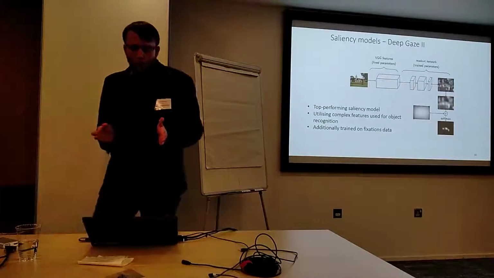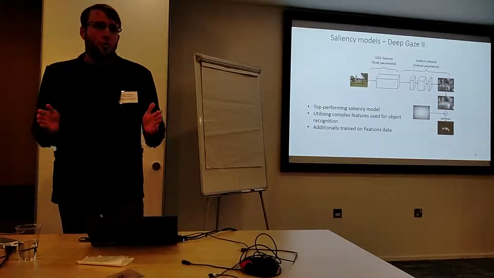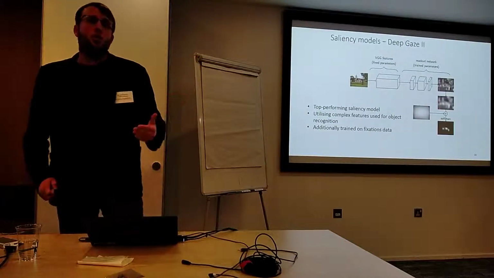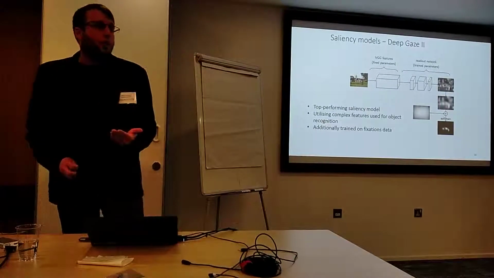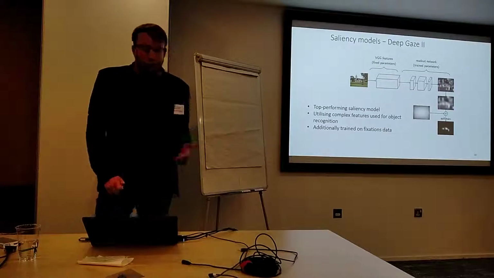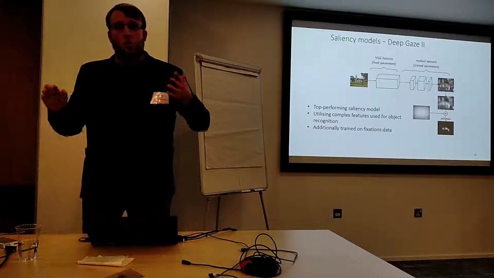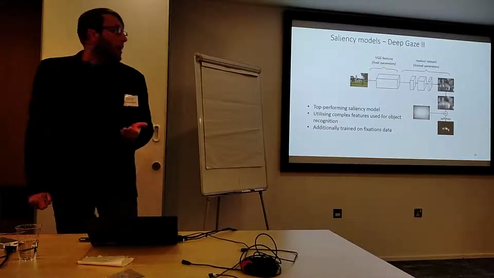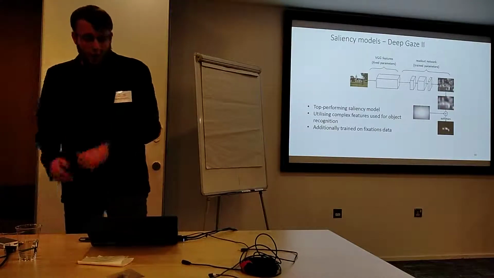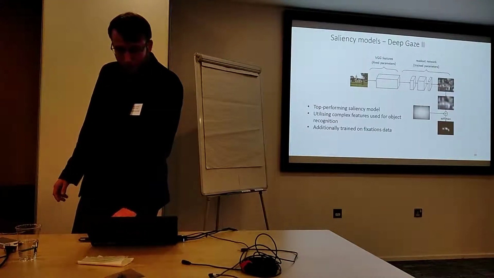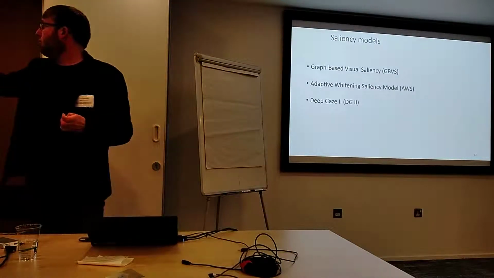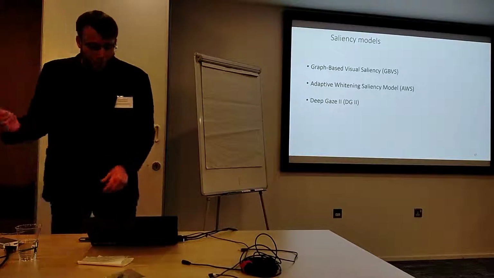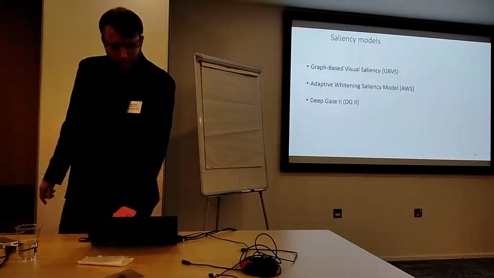These layers have a fixed set of parameters, and on top of them there is a set of additional layers which are trained on human eye tracking data just to predict fixations. So this model uses very complex features to predict fixations. And it does it really, really well. So, to sum up, we have two relatively simple models and one very complex model, namely DeepGaze-2.